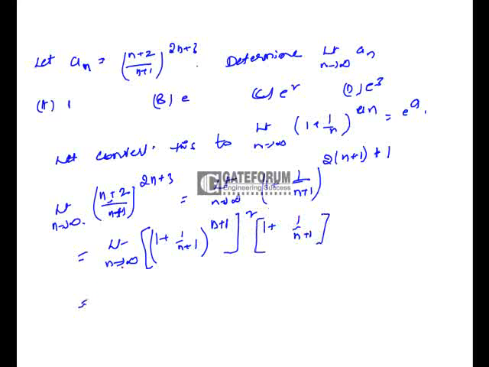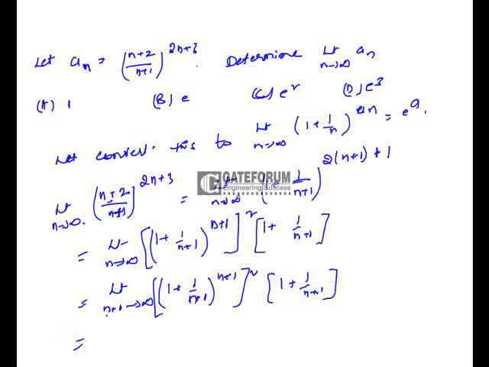So if we expand limits, if n tends to infinity, n plus 1 also tends to infinity. So we can write this as limit n plus 1 tends to infinity (1 plus 1 by n plus 1) whole power n plus 1, whole square, into (1 plus 1 by n plus 1).